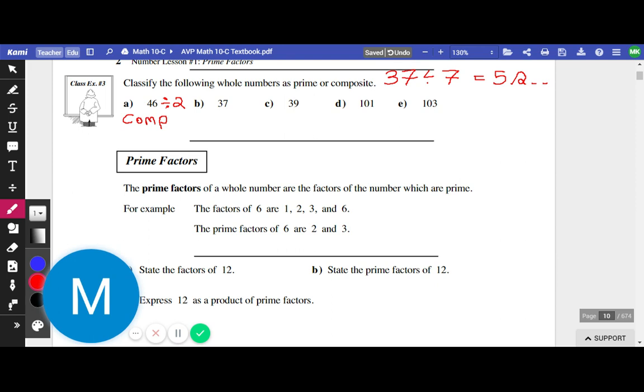The reason I know this is now a prime number is because I've guessed all the way up to 7 and my answer was smaller than what I divided by. So up until this point, my answer had always been bigger than what I divided by. But now look, 7 is bigger than 5. That means I've run through all my possible options. I don't need to go all the way to 37. And that would take a long time if I did 37 guesses. I only had to do up to 7. And I can for sure say this is prime.